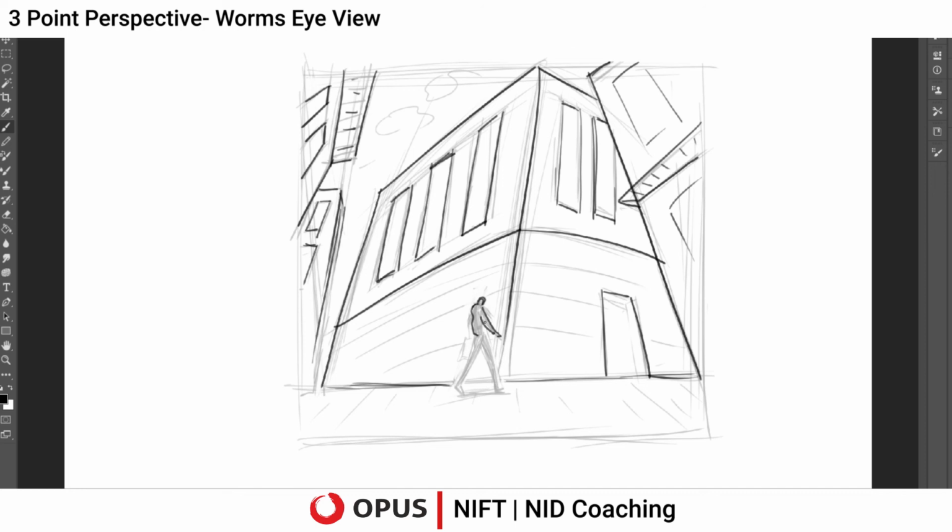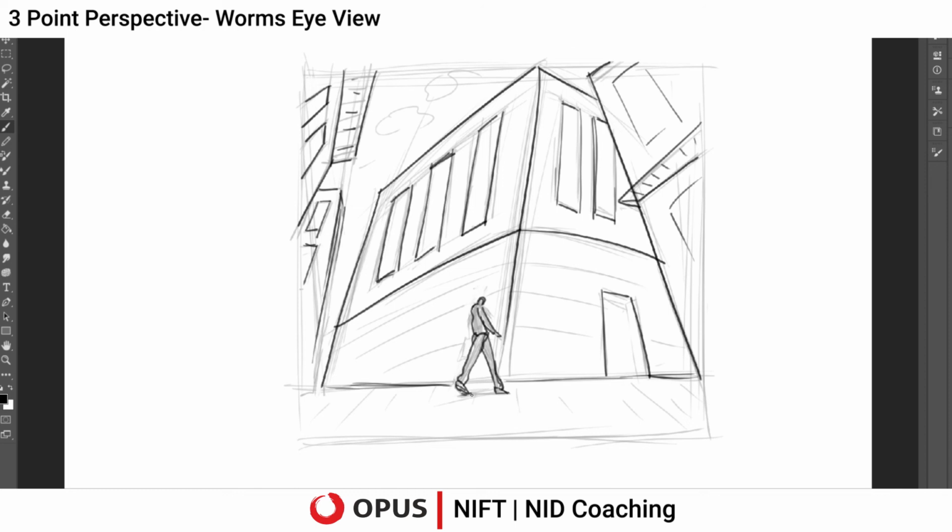Suppose he's wearing cloth, and just adding certain volume, and see this way of dynamically creating the figure itself and keeping its head small also gives that impression that we are observing the figure from a very low angle.